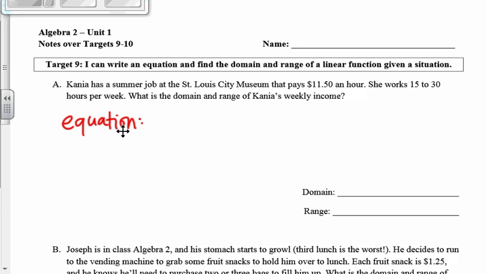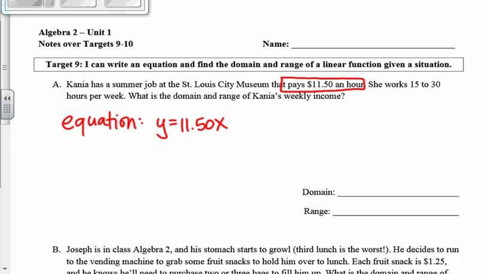So starting off with that equation, notice that it says that the St. Louis City Museum pays $11.50 an hour. So we're going to come up with an equation that represents that statement. We're going to think about slope-intercept form, so y equals, and the slope in this case would be $11.50 per hour x.